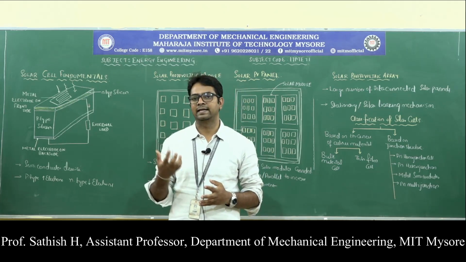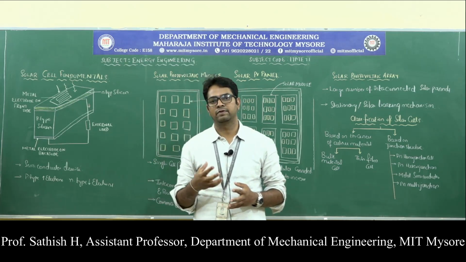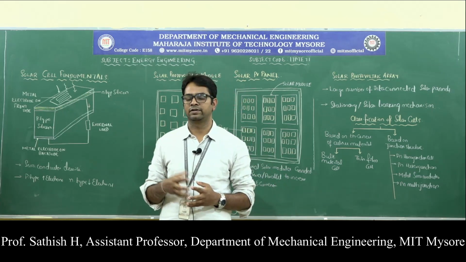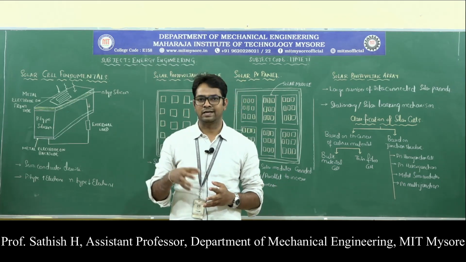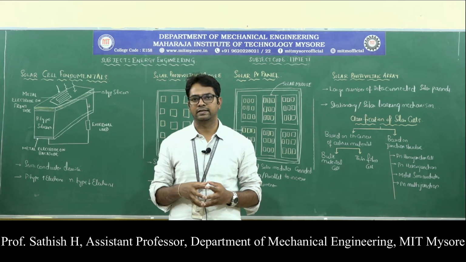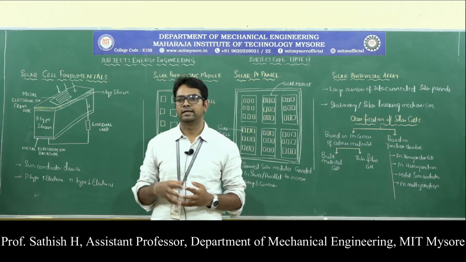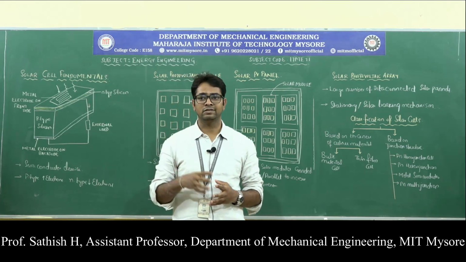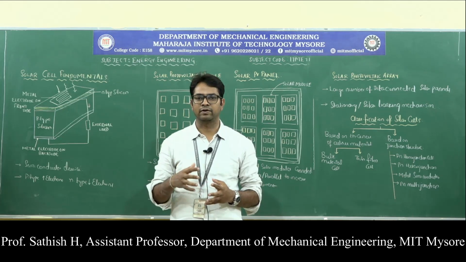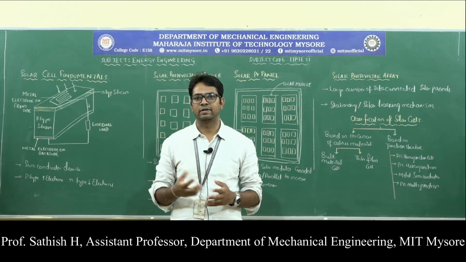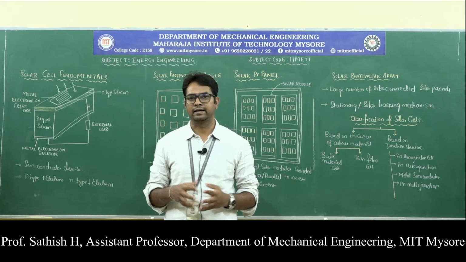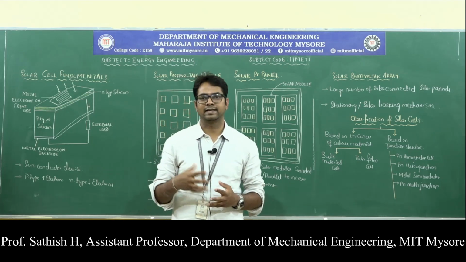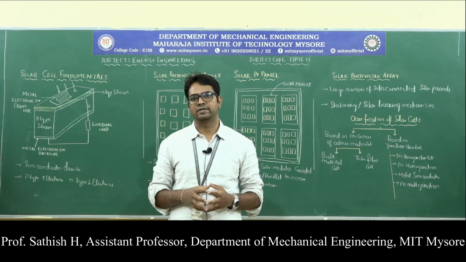When the light energy, or the energy from the sun in the form of radiation or photons, falls on this semiconductor device, the electrons try to escape across this junction, which creates a current. When the load is connected across them, that will produce electricity.